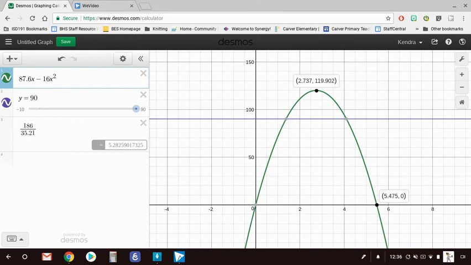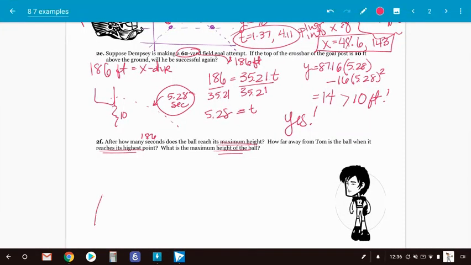And so when does it reach its maximum height? About 2.7 seconds in. So when you're finding this, you are thinking about your parabola. And 0, 0 is here. And 5.5, 0 is here, right? And halfway between that is 2.7 seconds.